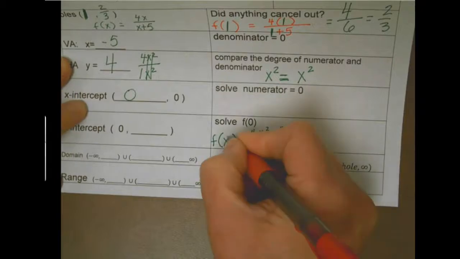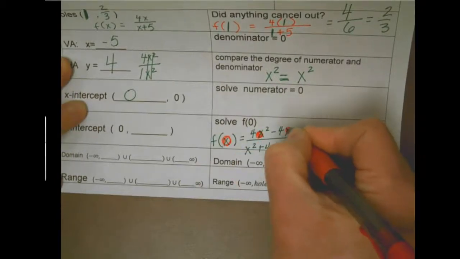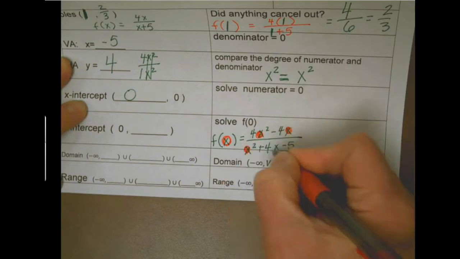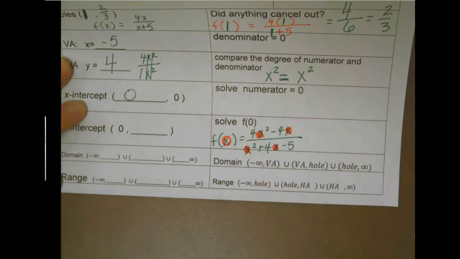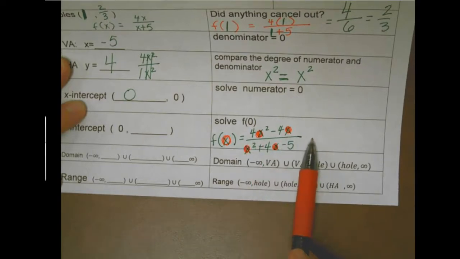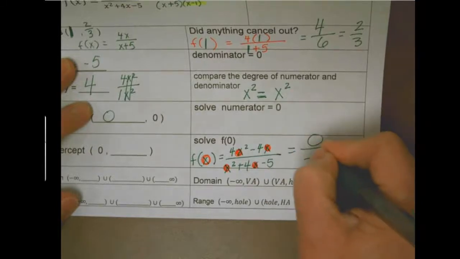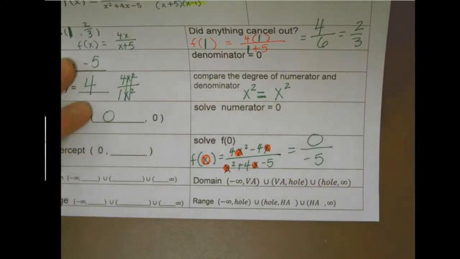And in place of the x, what am I going to put? Put a 0 in place of x. Uh-oh, what does that make the numerator? 4 times 0 squared minus 4 times 0. What's that equal to?